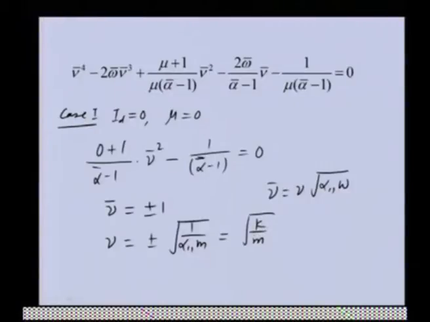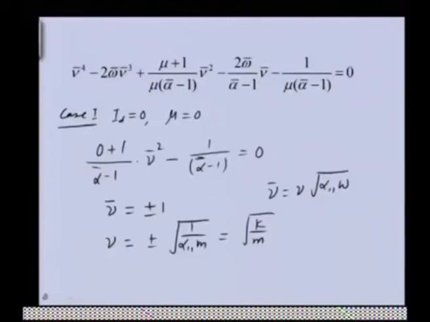In the same expression, if we take another case 2, in which we have no coupling parameter, that means the coupling between the linear motion and the angular motion is not there. In that particular case, we can simplify the previous polynomial.